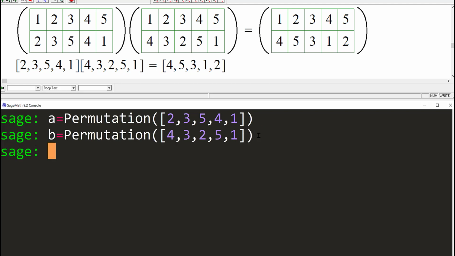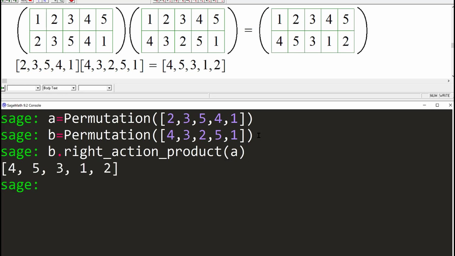Okay. So now we are going to multiply B, and I want to write the action via product, so product with A. Once we do that, we can see we get the same product, 4 5 3 1 2.